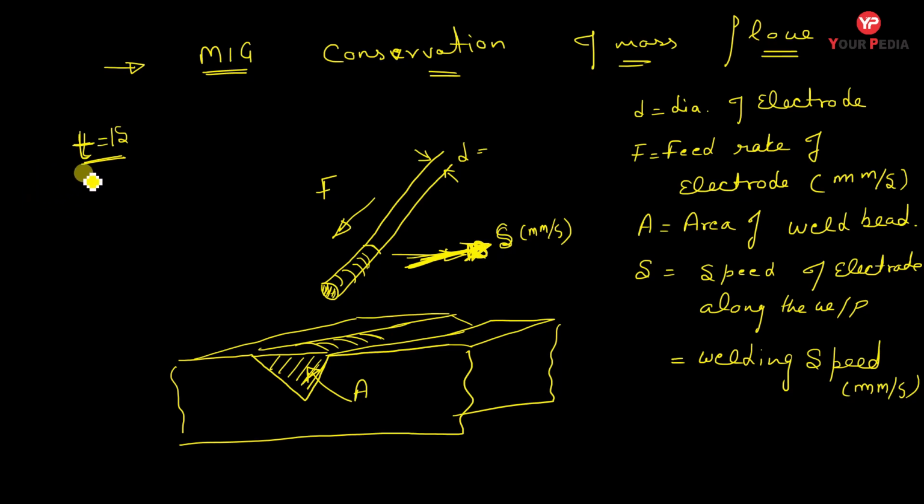Here it is not a steady process or time dependent process, so we can calculate the metal melted per unit time, simply from the electrode.